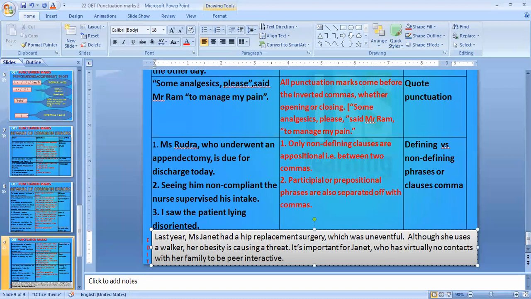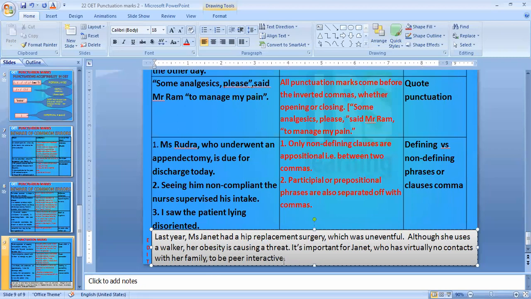Who has virtually no contacts with her family. Again, comma. This is apposition, meaning you can remove that part and read: It's important for Janet to be peer interactive. Good. The sentence is okay even without that who part. So that who is non-defining. That's why you need two commas.